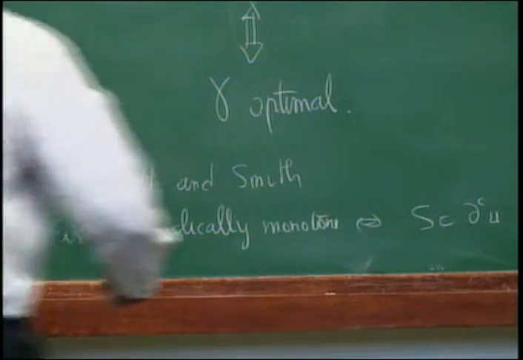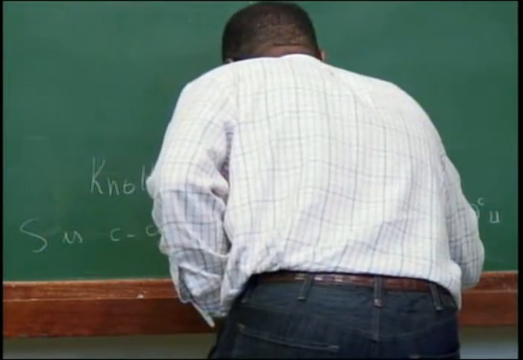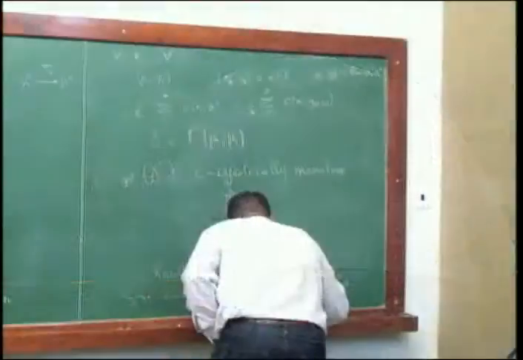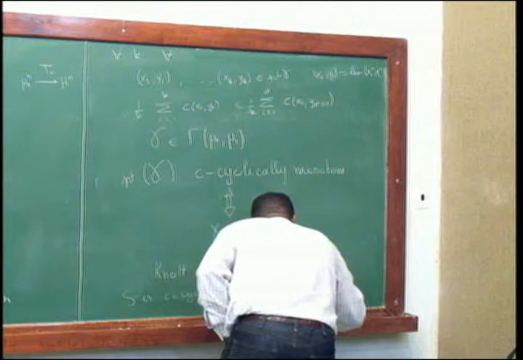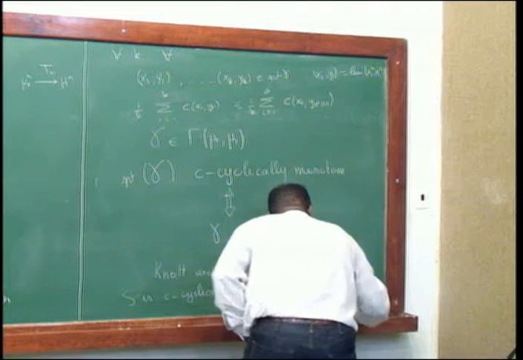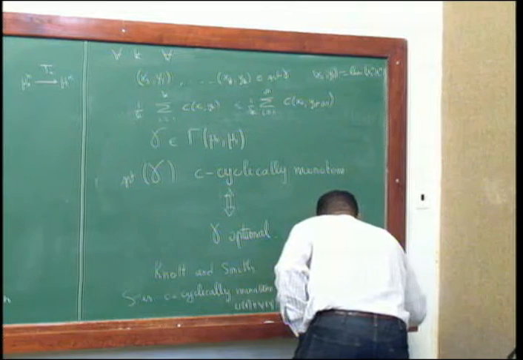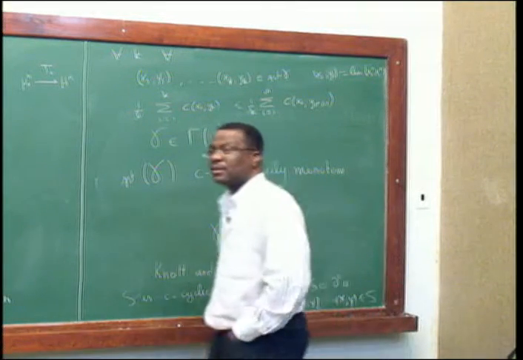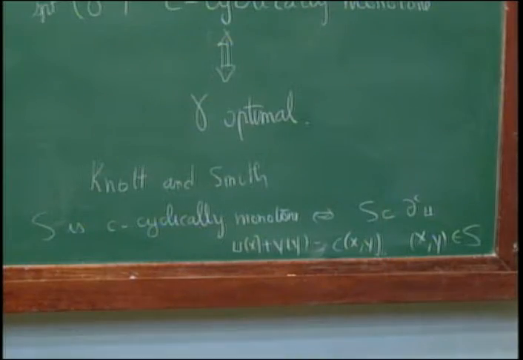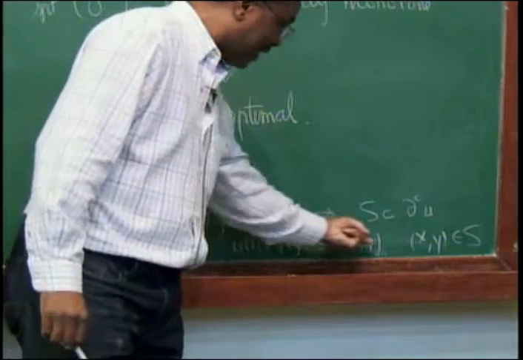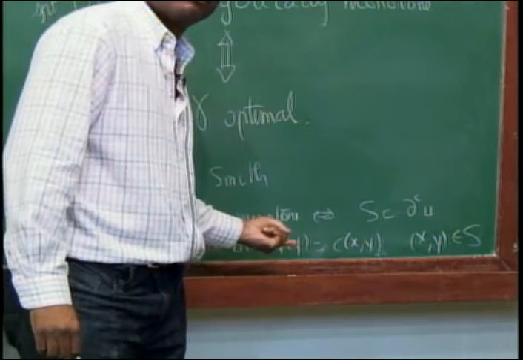And we will have u of x plus v of y equal to c of x, y if (x, y) belongs to S. So if I take S to be the support of gamma, I have this equality on the support of gamma.